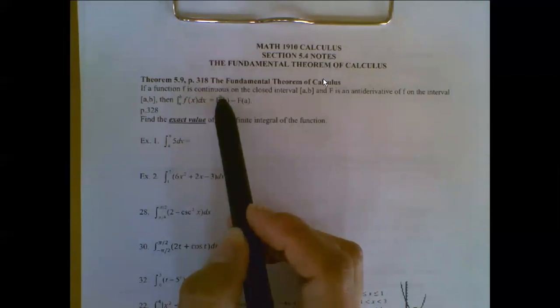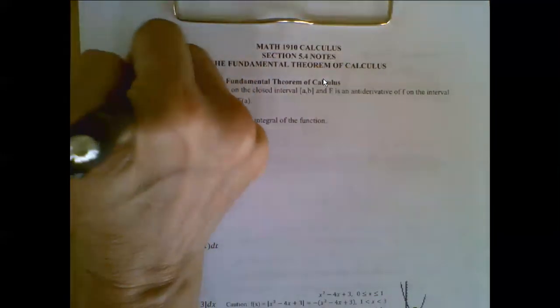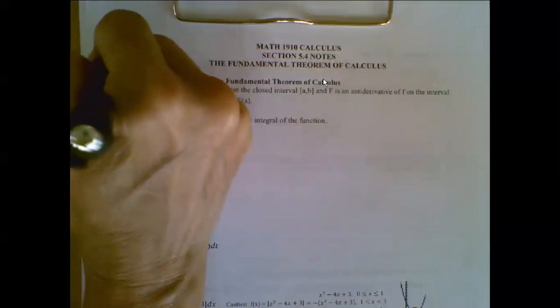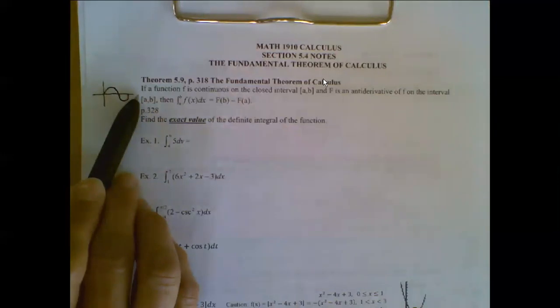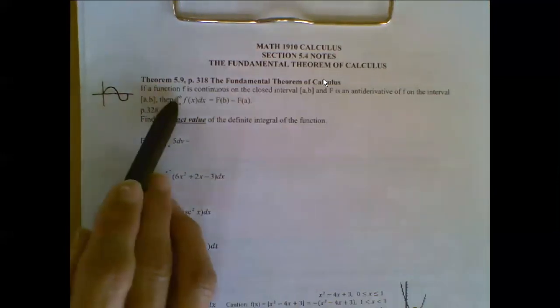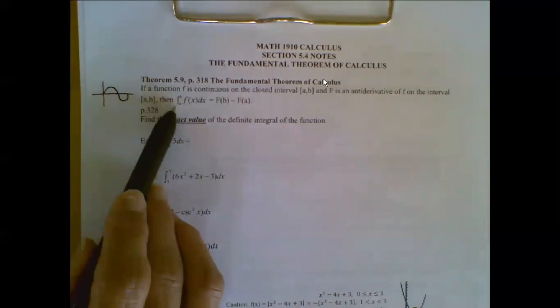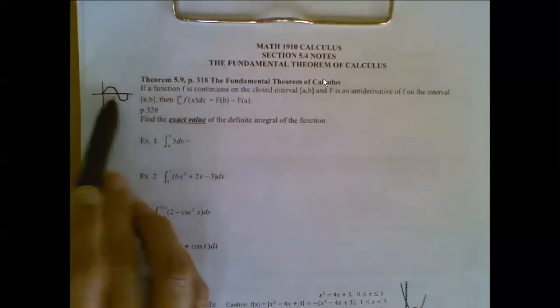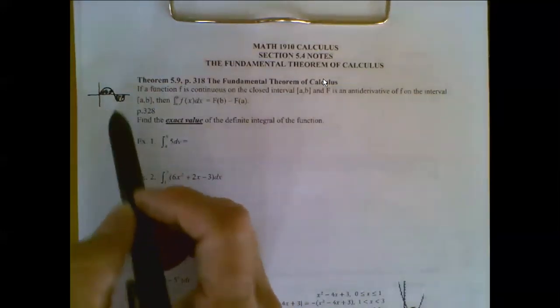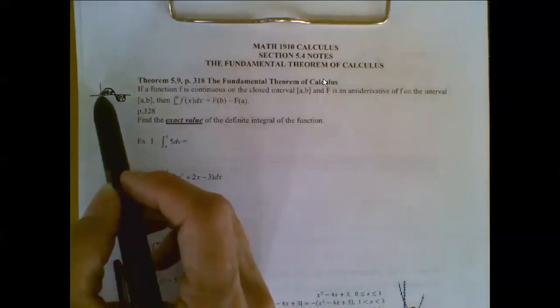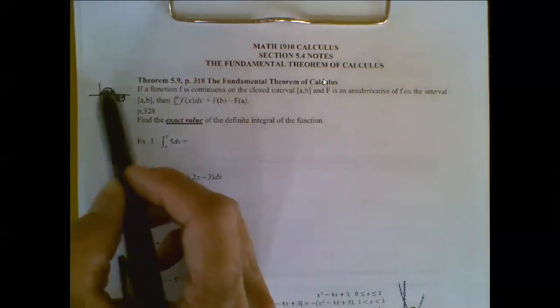We could have a function that is partly below the x-axis. And we could still evaluate that definite integral, even though it wouldn't be this area, because from here to here would give me a positive value.